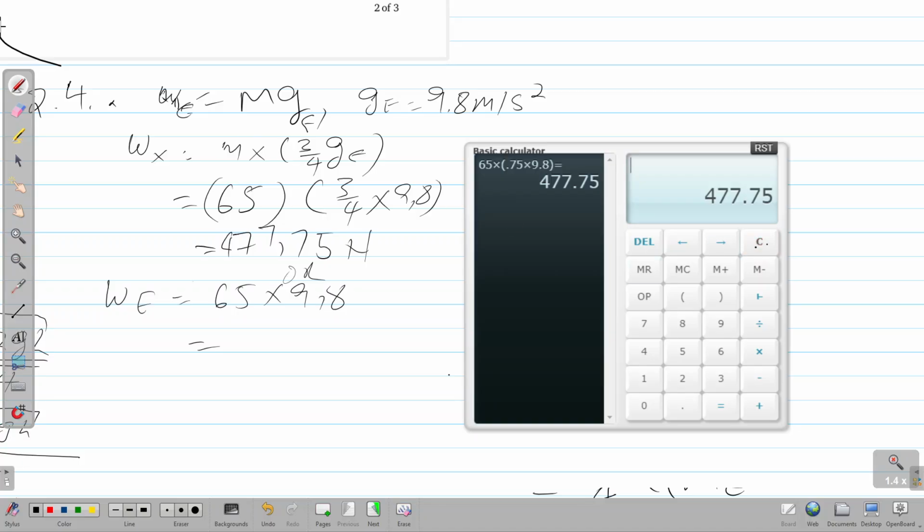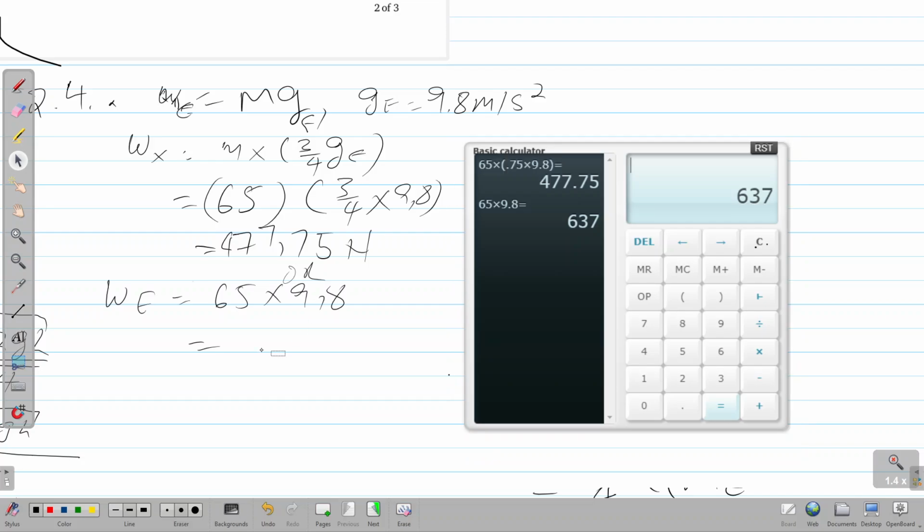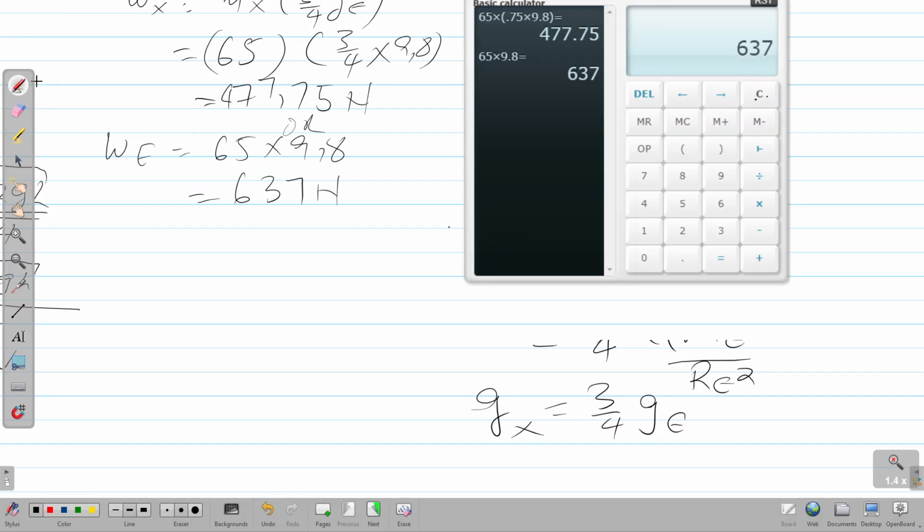So let me do that here: 65 times 9.8 gives the weight on Earth as 637 newtons.